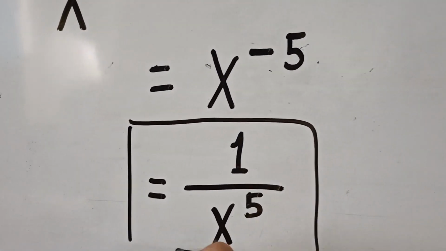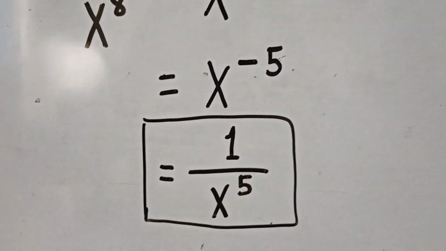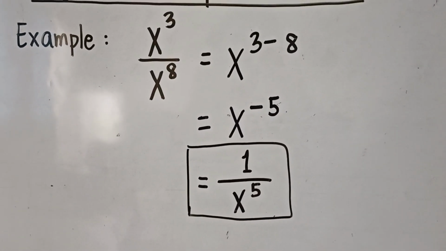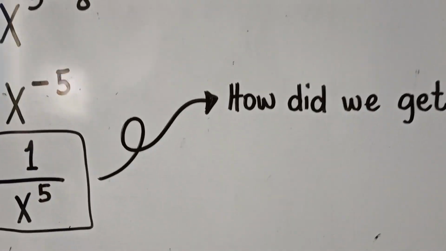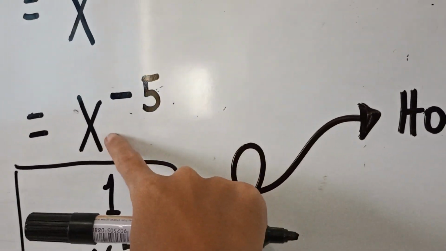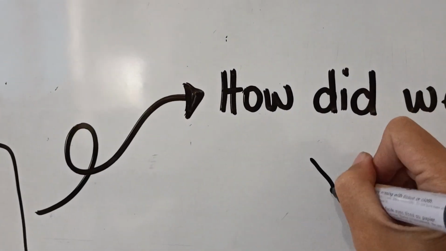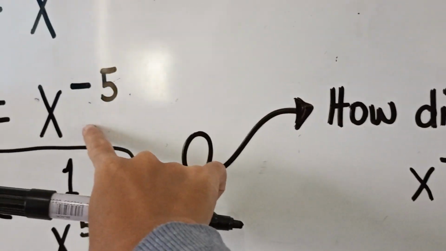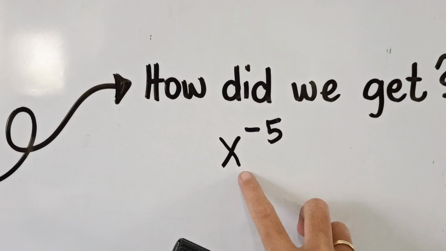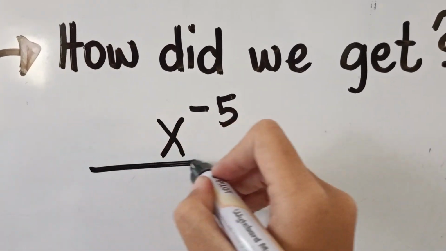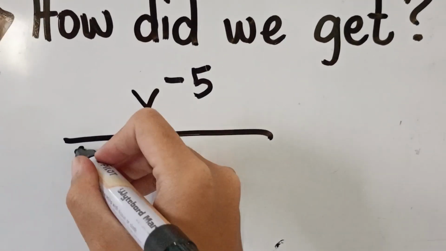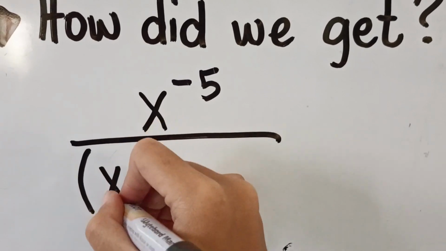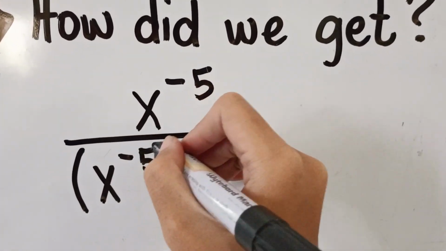So the final answer is 1 over x to the power of 5. How did we get the final answer? All we need to do is to copy the term that has a negative exponent, which is x raised to the power of negative 5, and then divide it by its positive form.